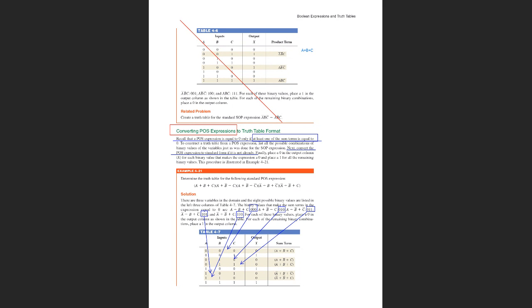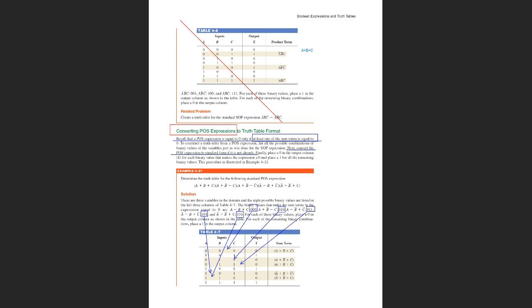So in SOP, we were interested in the rows in which the output is 1. Now we are interested in the rows in which the sum is 0, all the 0 rows.